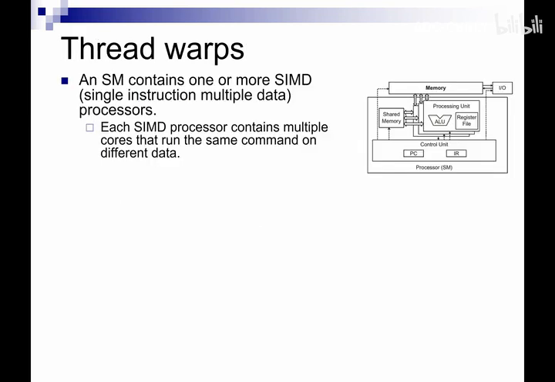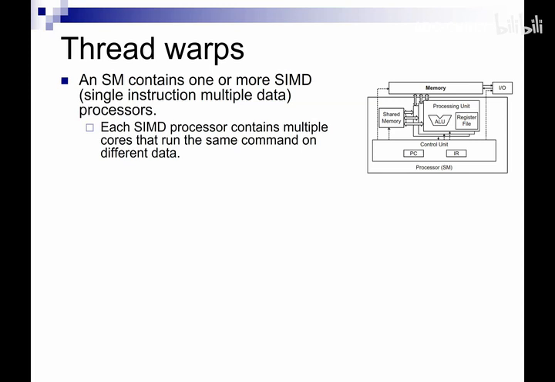Now we're going to move on to the second part of this, which is warps. The reason warps come about is because in an SM we have some number of cores. Let's say we have 32 cores. What the SM hopes will happen is that all 32 of these cores will run the same instruction.